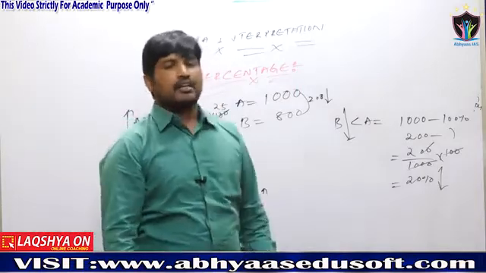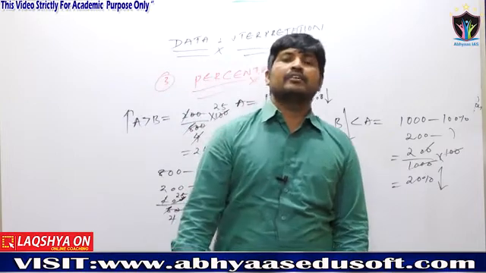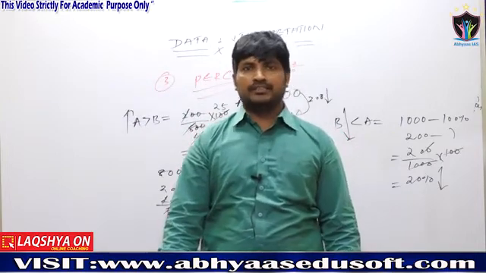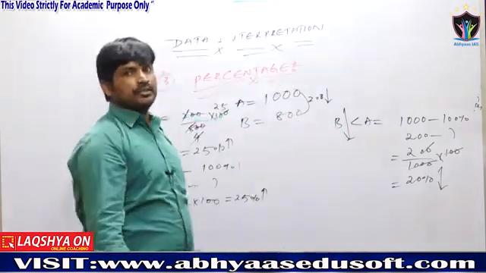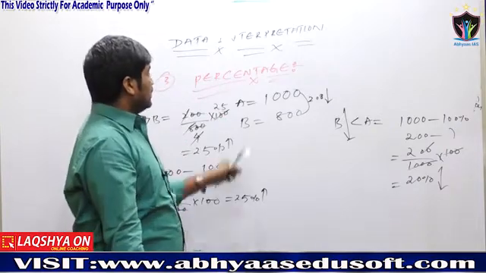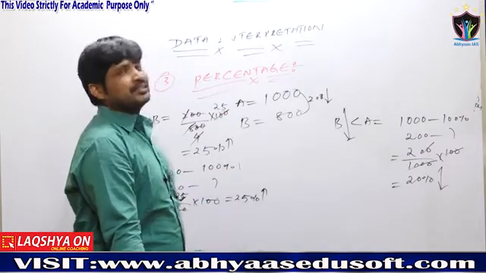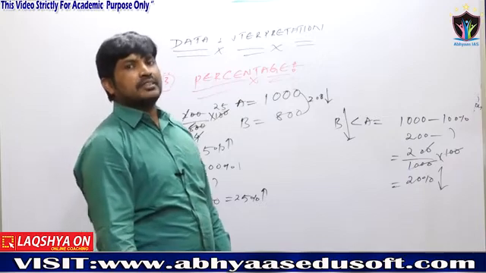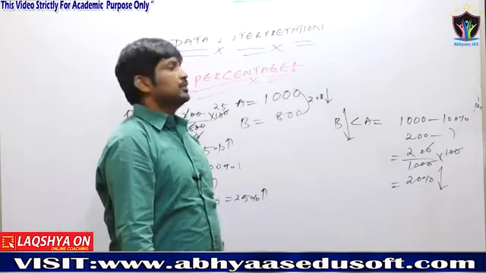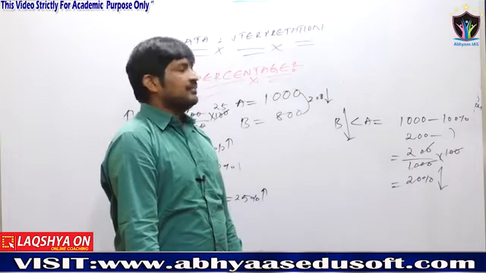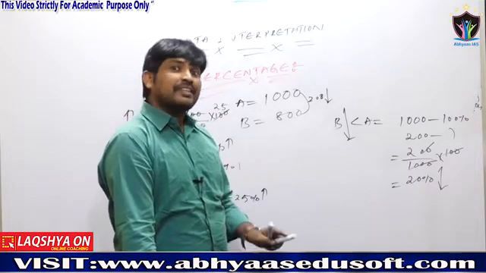Friends, always consider the initial value to be 100%. And one more point: if a question asks how much percentage more, take the difference in the numerator, and in the denominator take the lesser of the two figures given.